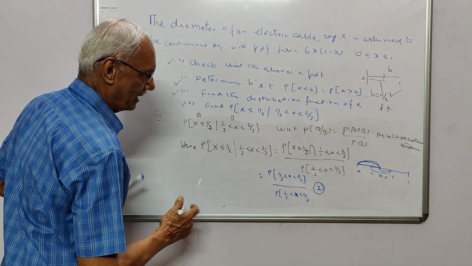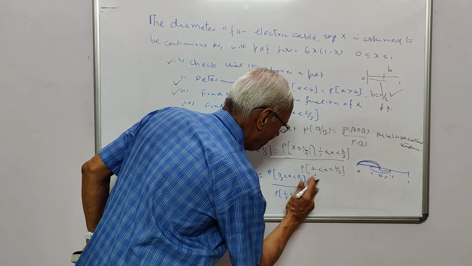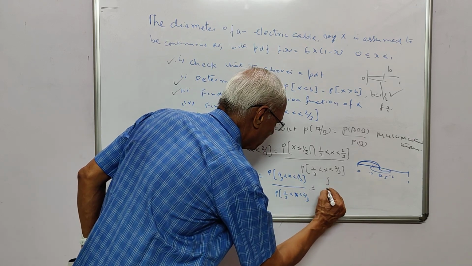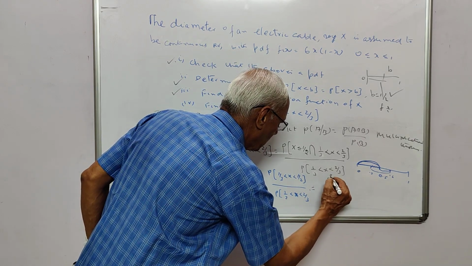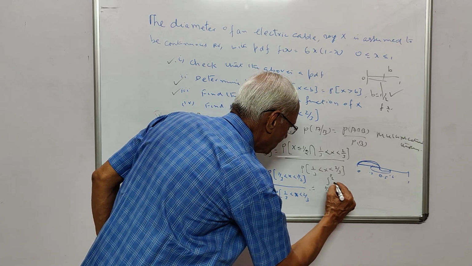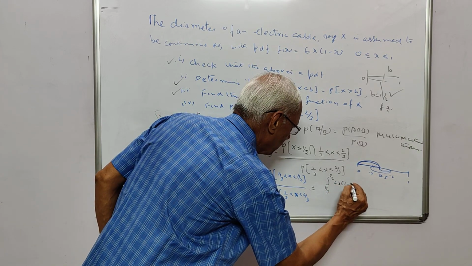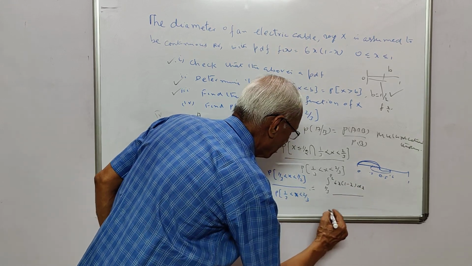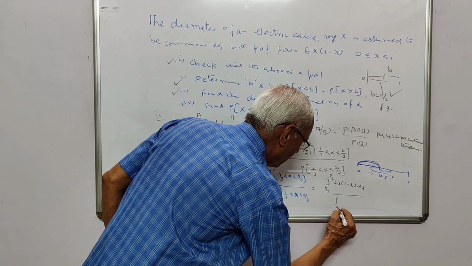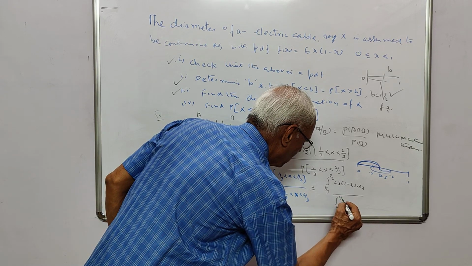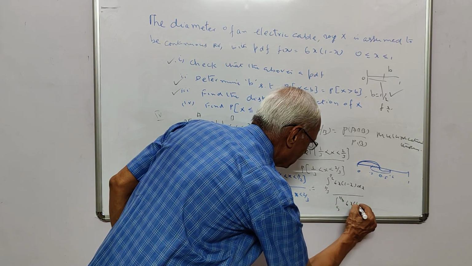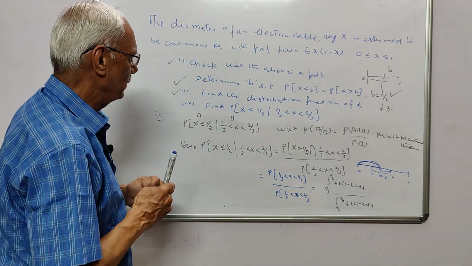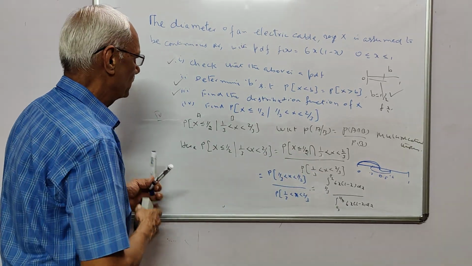So this is equal to the integral from 1 by 3 to 1 by 2 of 6x into 1 minus x dx, divided by the integral from 1 by 3 to 2 by 3 of 6x into 1 minus x dx. That's all. If you solve this, then your problem is over.